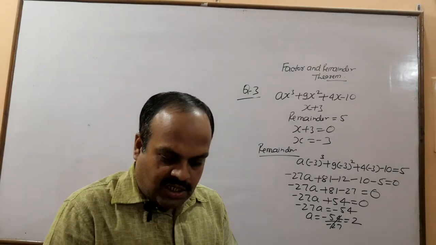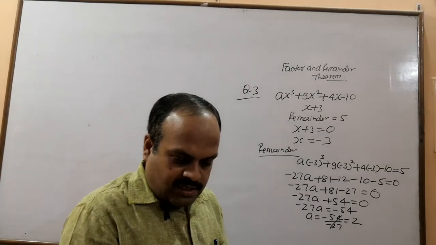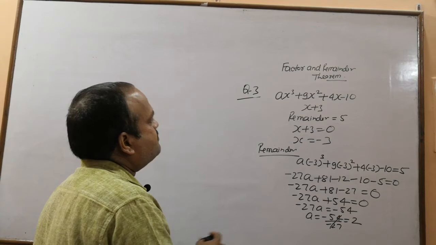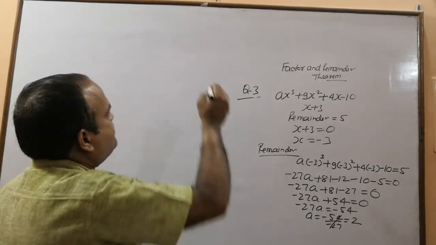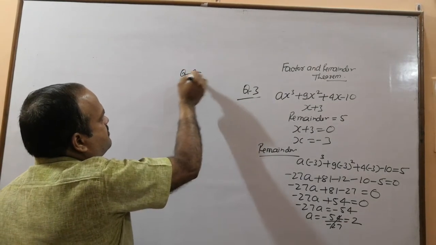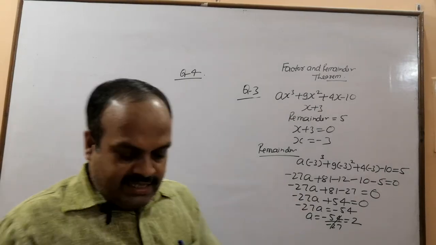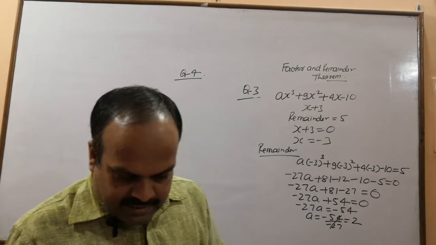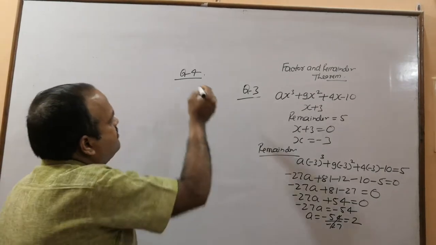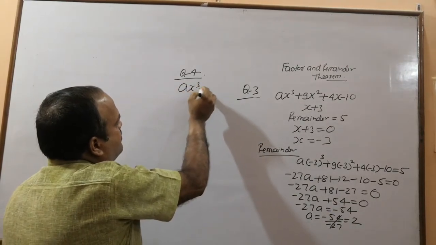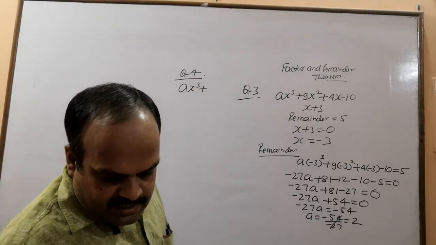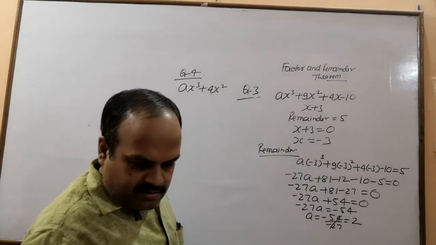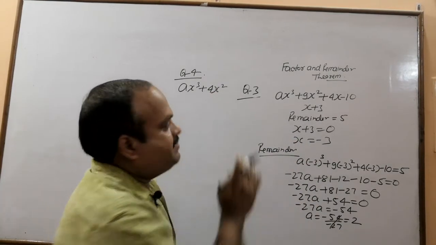Next, question number 4. In this question we have two expressions, ax cube plus 4x square plus 3x minus 4.